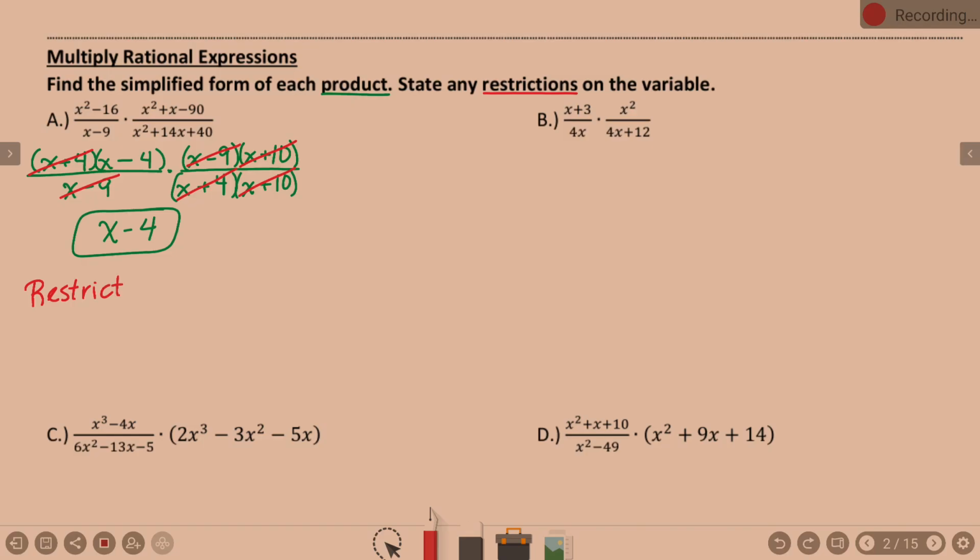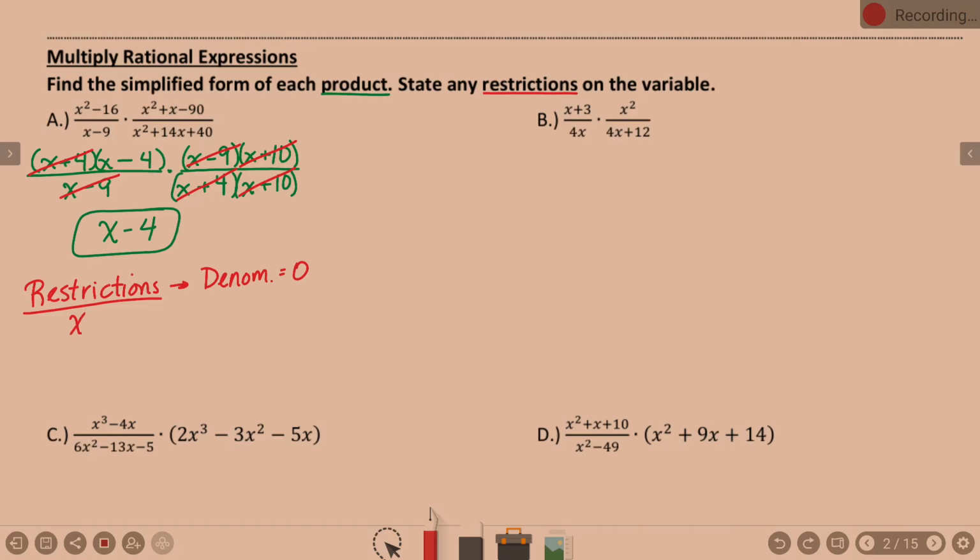How do we find our restrictions again? Yeah, so your denominator factor is equal to 0. Just like up above, anything that was ever in the denominator. If we look at the end result, we have no restrictions because we have no denominator. But we had pieces that were in the denominator originally. So any factor that was ever in the denominator. So what?